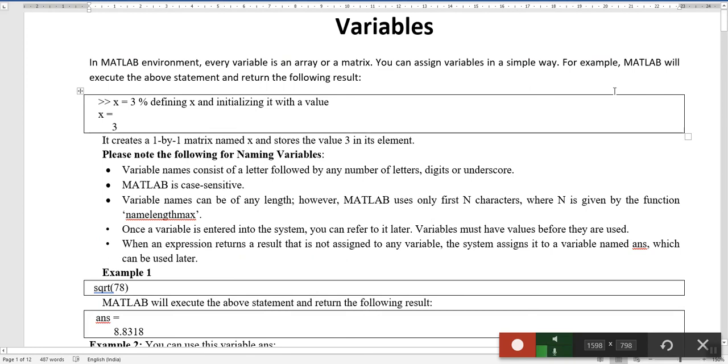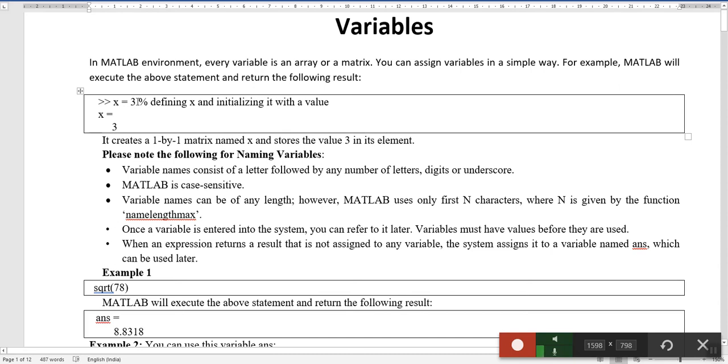Now, what is a variable in Matlab programming? In the Matlab environment, every variable is an array or a matrix. By default, each and every variable is a matrix, or simply call it an array or matrix. You can assign variables in a simple way, for example, x equals 3.